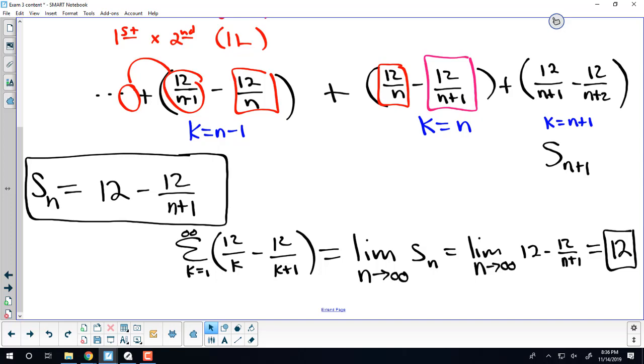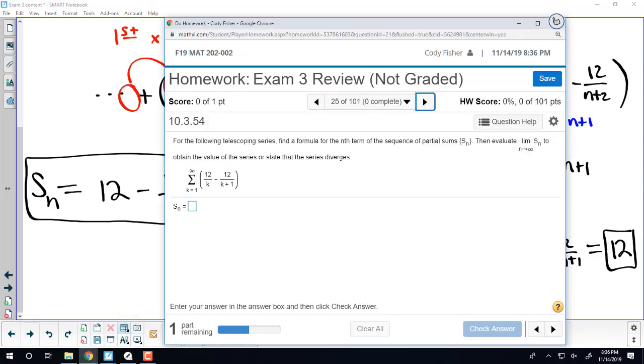Again, the reason we stopped at n was because this says specifically evaluate the limit at infinity of the nth partial sum. It may say that on the exam, it may not.